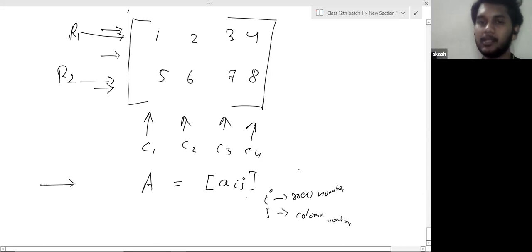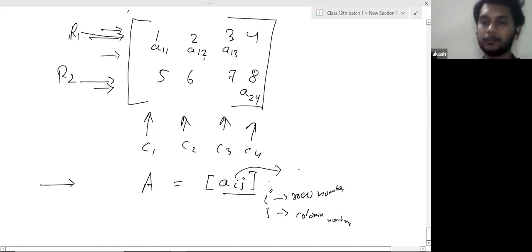So each element can be represented like this. Here this is A11 because first row, first column. This is A12, first row, second column. A13, first row, third column, and so on. This will be A24, second row and fourth column. So each element can be represented by this.